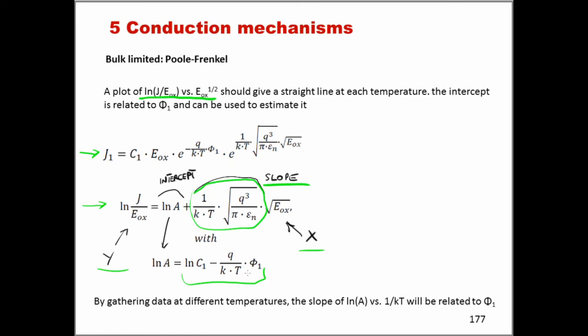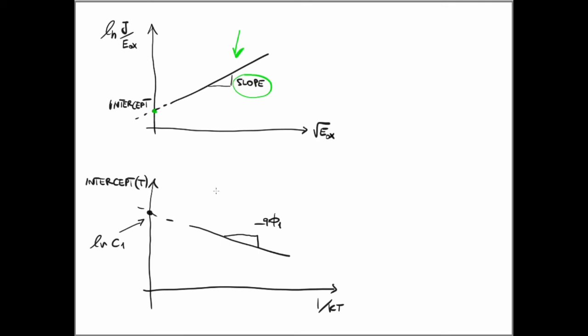So again, to better estimate phi1, it is better to do measurements at different temperatures, so get several values of the intercept for different values of the temperature, and then plot the intercept values that we got against 1 over kT, and in this way the slope would be minus q phi1, and so we can now calculate phi1 in this way.